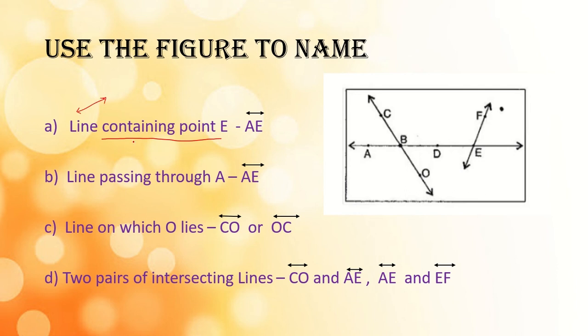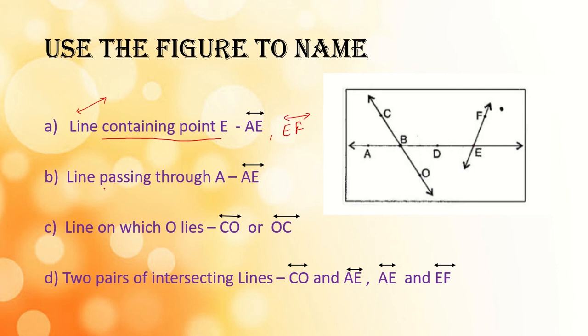Line containing point E. Which line contains point E? E point is here. So I can write AE. I know you will say, ma'am, EF is also a line. Yes, you can write EF also. It is again a line containing point E. Both the answers would be correct.